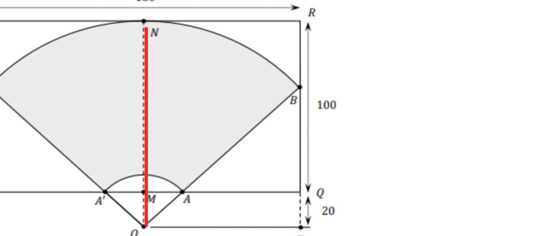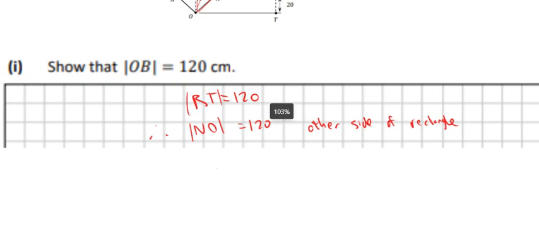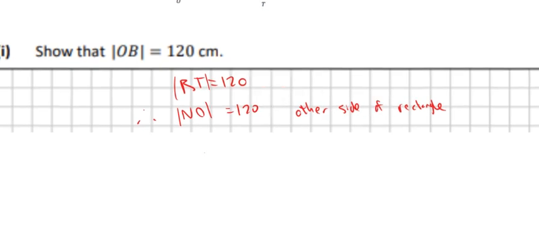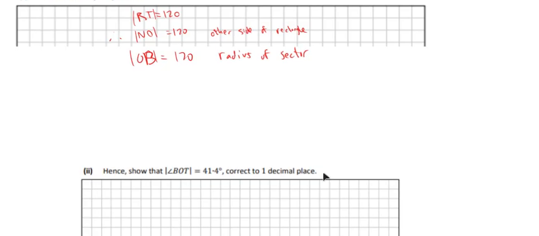So that there has to be the same as, for example, that there. They're all radiuses of the sector. So therefore OB is 120 as well. So they're all radiuses of the big circle.